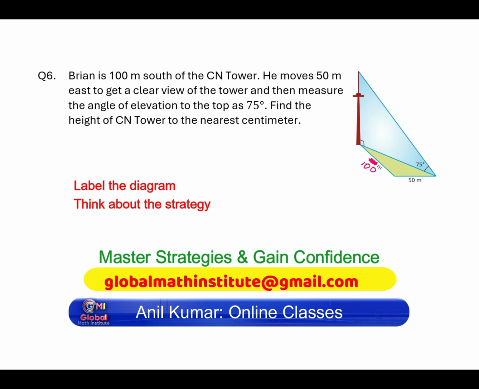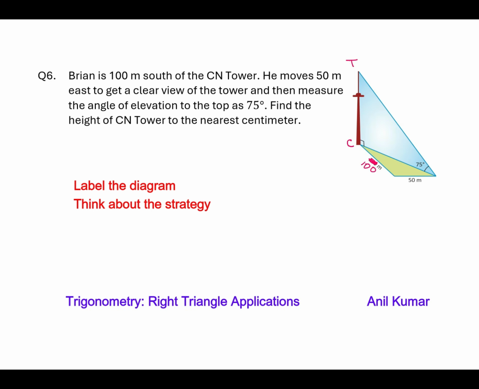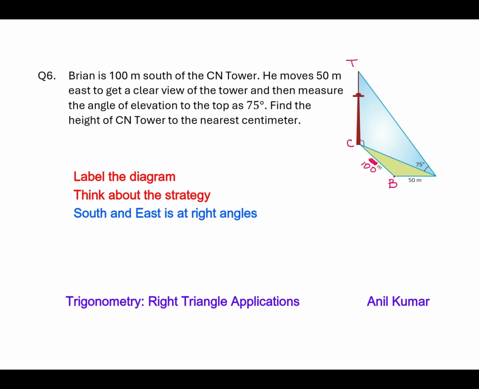So let us say the CN Tower is CT for us, where T is the top and C is the base. Now, Brian is 100 meters south of CN Tower. So let's say B is the position of Brian, which is 100 meters south of C. He moves 50 meters east. So this direction here is east.